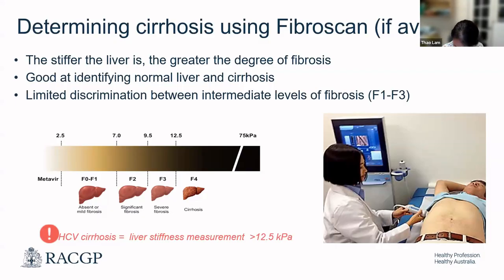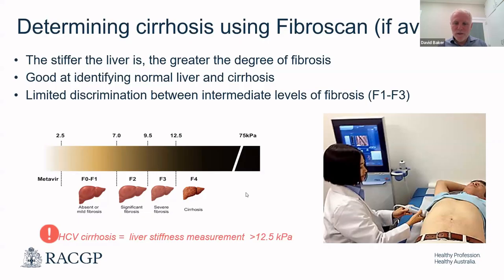But despite this limitation, the FibroScan is very useful to estimate advanced fibrosis and cirrhosis. The liver stiffness for cirrhosis in Hep C is greater than 12.5. There are some subtle differences in the different liver diseases in terms of the threshold for cirrhosis. So it's important when you refer for a FibroScan that you tell us what the etiology of the underlying liver disease is, if possible. Next slide, please.